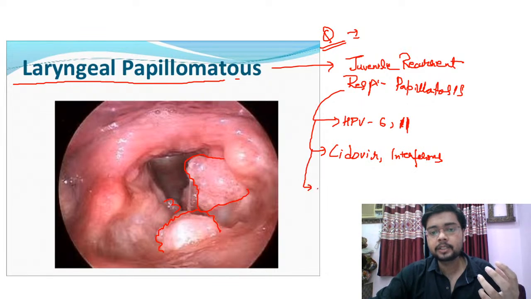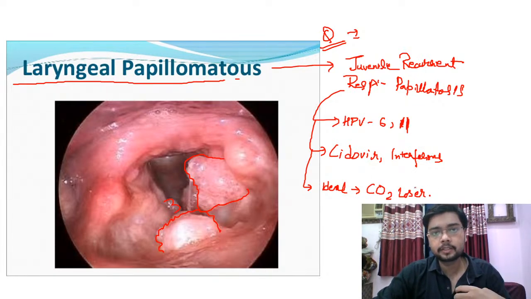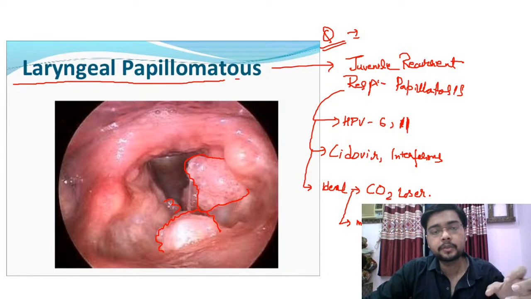But if you ask the ideal treatment for this, the ideal treatment is CO2 laser, meaning you have to debulk the disease or debulk these papillomas. So either you do it with CO2 laser or you debride it with a microdebrider. The laryngeal microdebrider can also be used to remove or debulk this so as to reduce the recurrence.